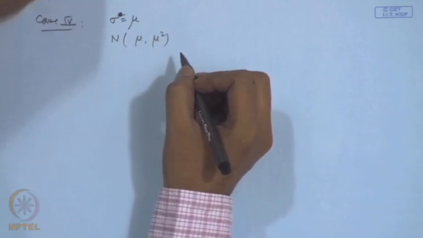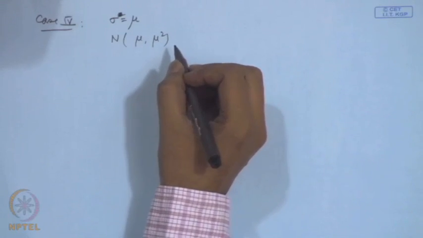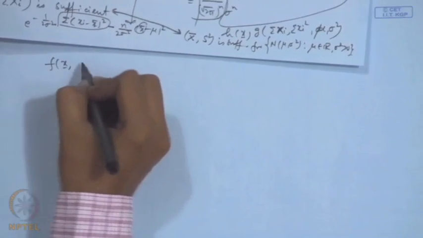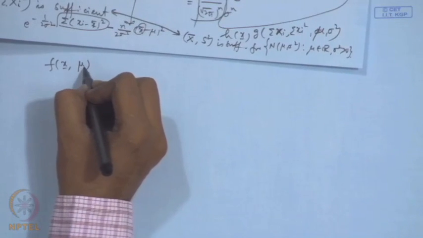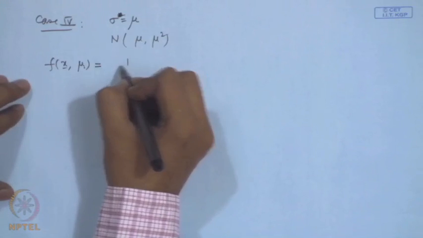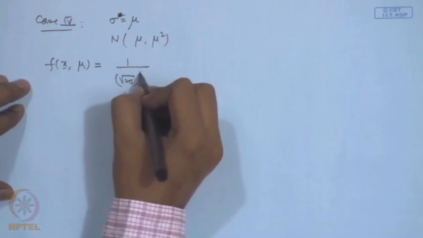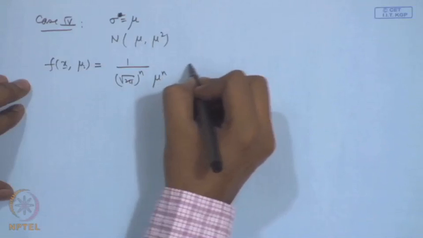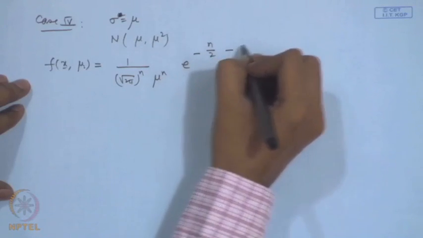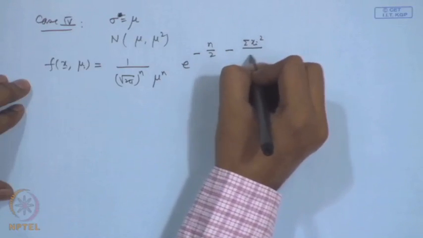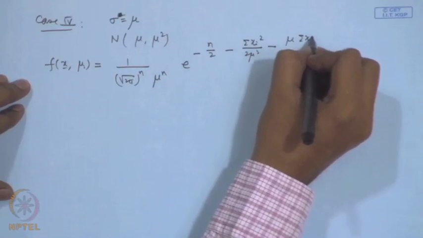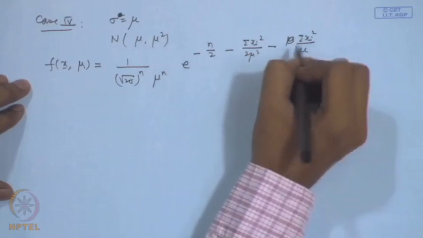If I have this, then you can look at this breakup here, that joint density, although it is a function of x and mu alone, because sigma has vanished here, this is equal to 1 by root 2 pi to the power n mu to the power n e to the power minus n by 2 minus sigma x I square by twice mu square minus mu sigma x I square by mu square, that is mu.